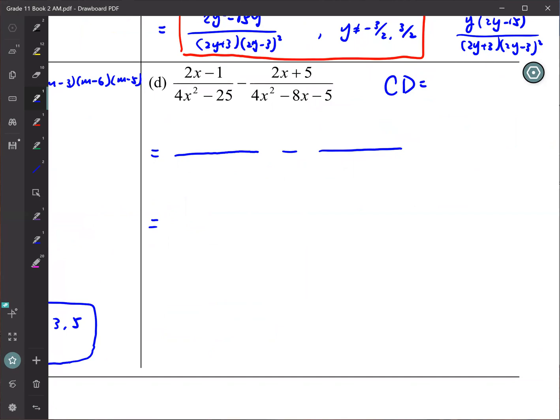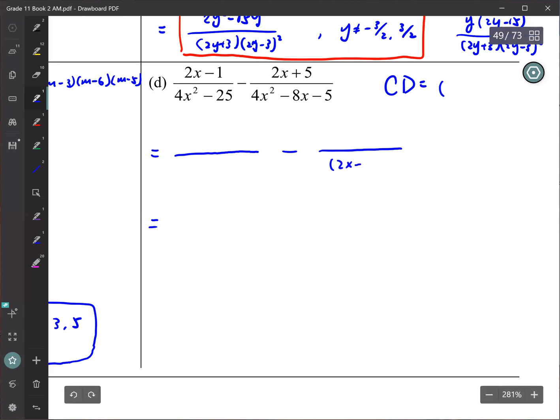I didn't get the first one, but the second one is 2x take away 5 and then 2x plus 1. Hold on. What do you mean? I didn't get the first one, but I know the second one is 2x take away 5 and 2x plus 1. You mean the denominator? Yeah, for the second one, like the one with the 2x plus 5 on top.